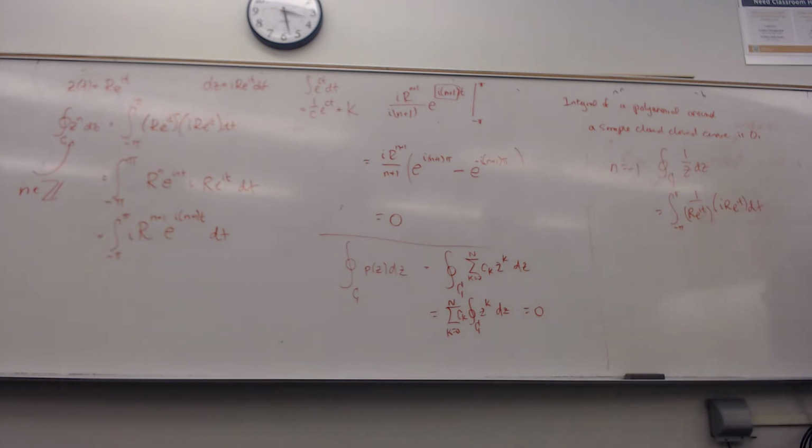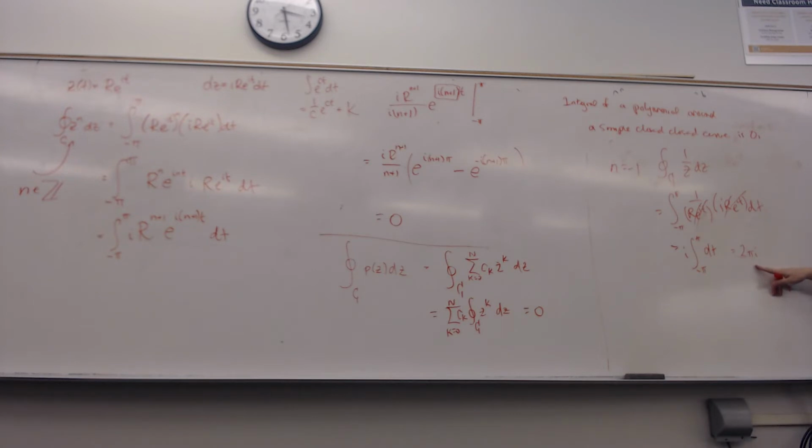Everything cancels. That's gone, and that's gone, and that's gone, and that's gone. This I survives. And I've got I times the integral from minus pi to pi of dt, which is 2 pi I. So there's one single case where that integral turns out not to be 0.